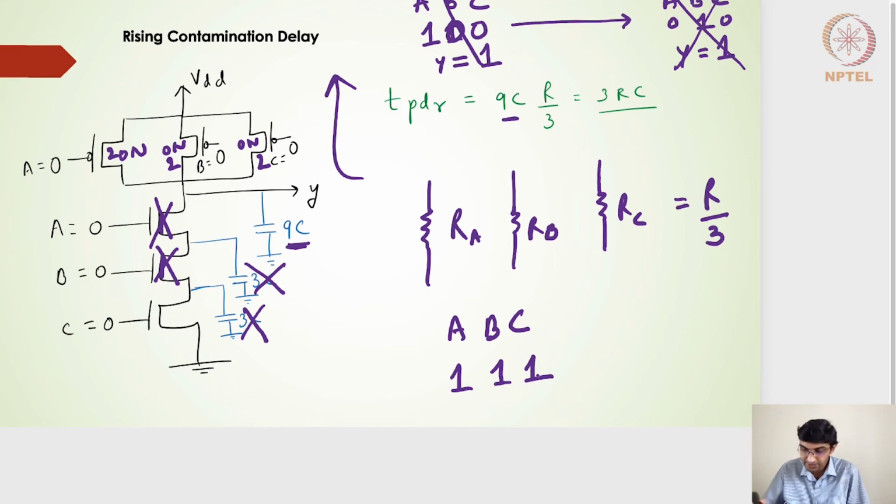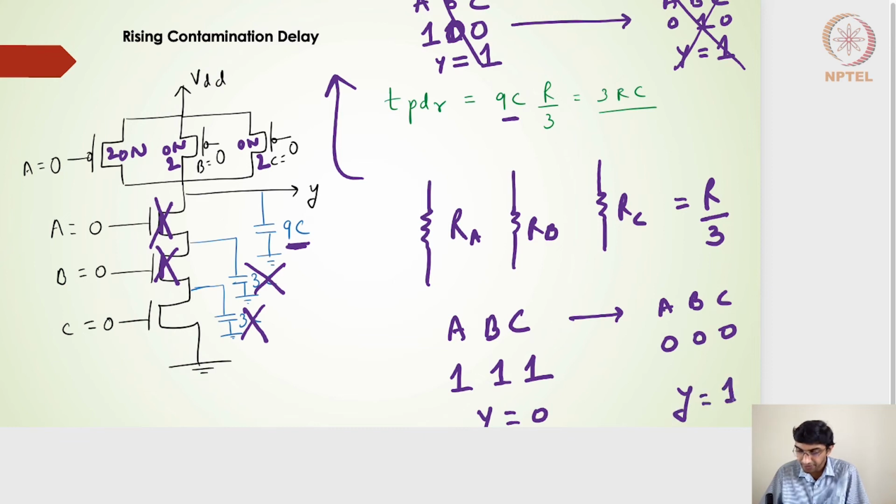Then I will get the output to be 0, and it should have stayed in state 1, 1, 1. But for whatever reason, at the input side of A, B, and C, if we get a lot of noise signals, then we can have the state of ABC as 0, 0, 0, where the output will now become 1. So this is all induced by the input noise signal.